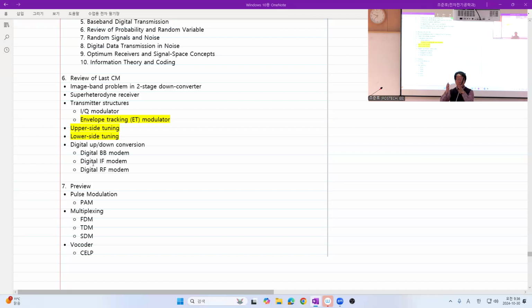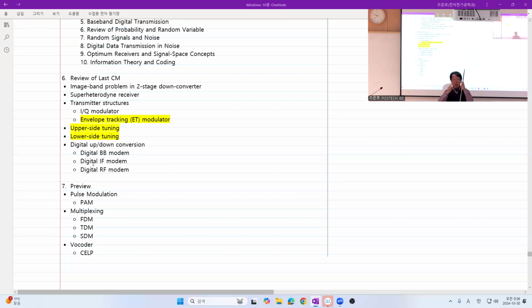And then he had an intermediate frequency real valued bandpass signal. And then what happened? He used a single local oscillator whose frequency, if it is added to the IF frequency, becomes, for example, the desired target frequency.